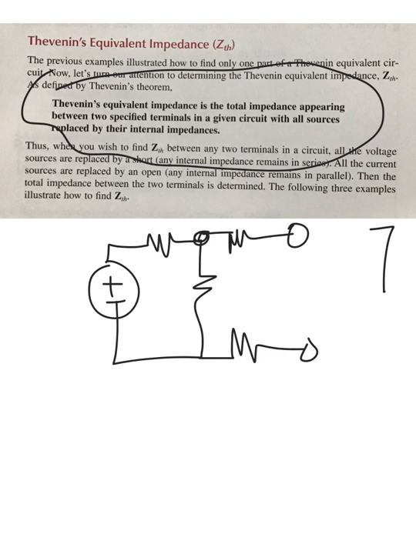I'm going to plug in a load across these 2 spots. When I take that load out and I put my eyeball right here, and I look in, the other thing you've got to do is short the power supply.